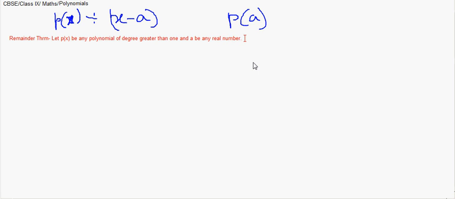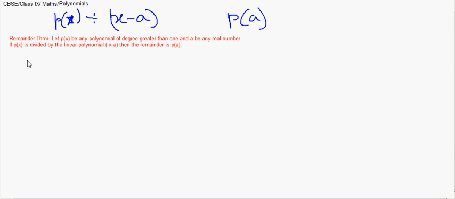Then if p(x) is divided by the linear polynomial which is expressed as x minus a, then the remainder is p(a). Let us learn some applications.